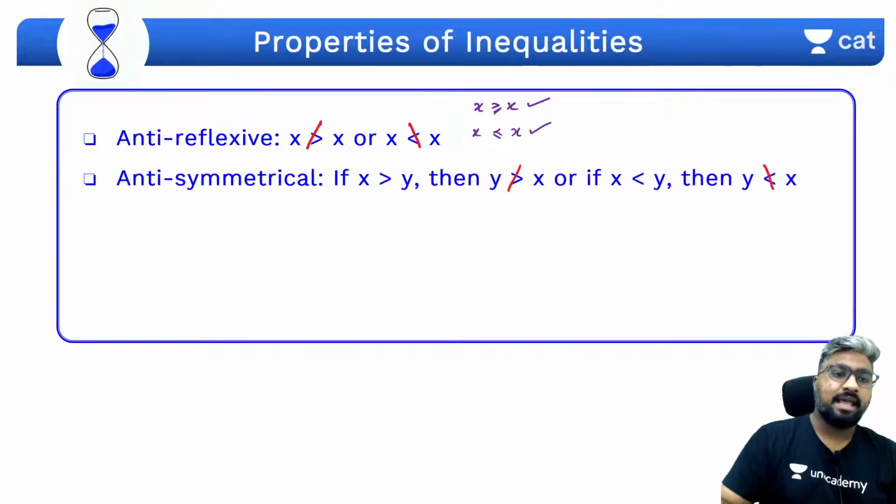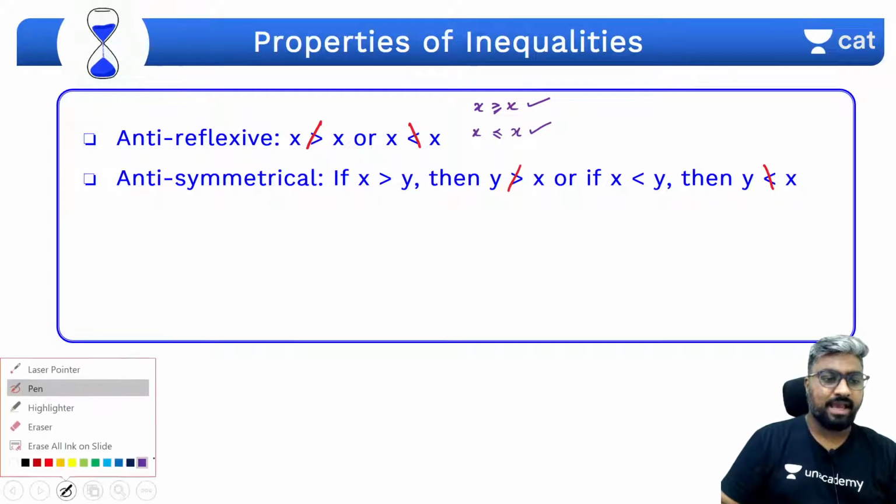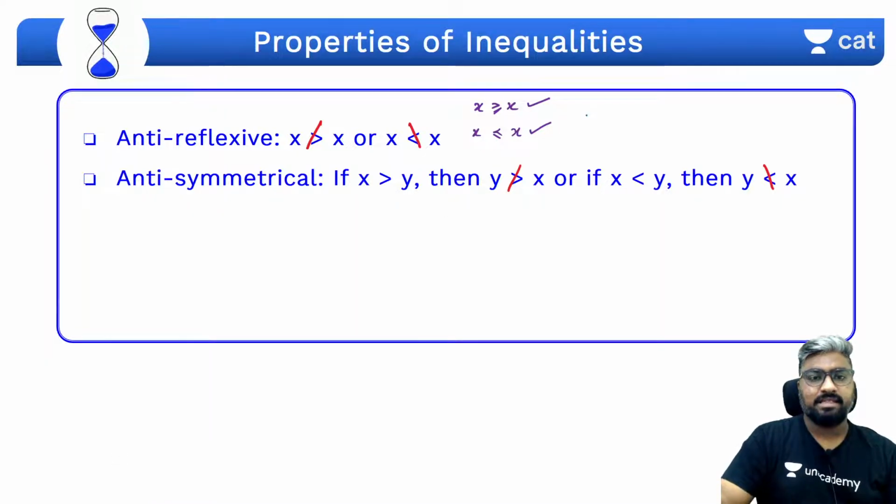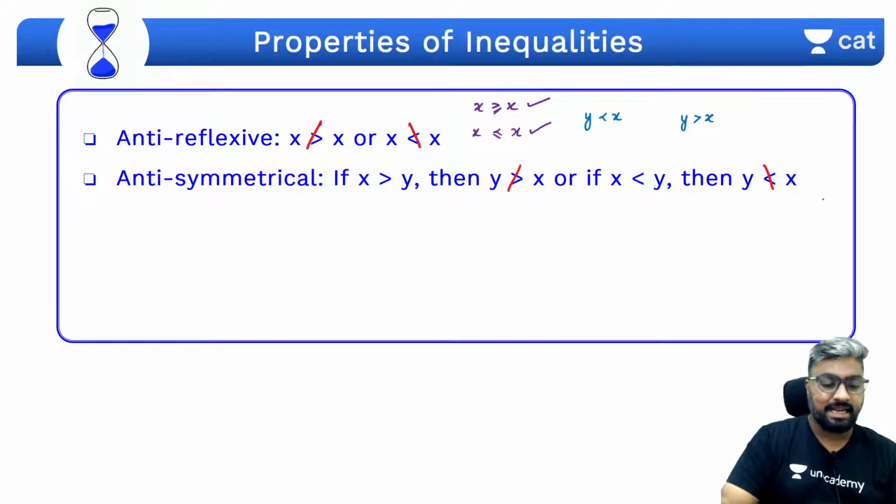Okay, next, inequalities are anti-symmetrical. That means if I say x is greater than y, then y can never be greater than x. Yes, in other words, we will write it as how? If x is greater than y, then we can say y is less than x. Same way, if x is less than y, then we can say y is greater than x, but we can never say y is less than x.